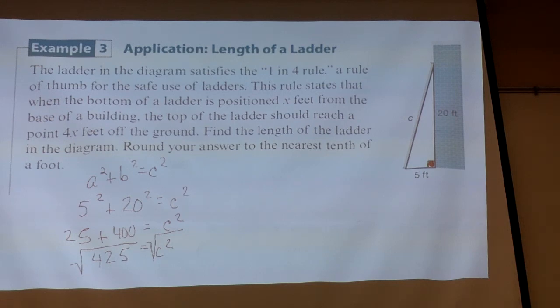It asked me to round it to the nearest tenth of a foot, so I'm going to round that answer to 20.6. So my length of c is going to be approximately 20.6, and that is feet.